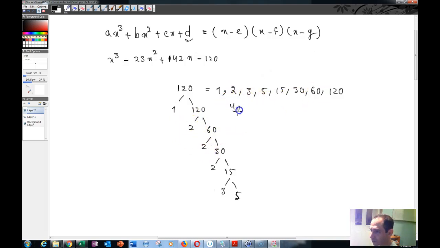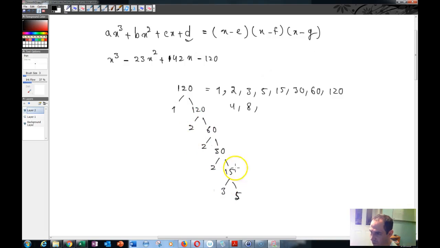So 4 is another factor. Or 2 times 2 times 2 is equal to 8. So 8 is another factor. And moreover, you can get to the next prime factor that you have, and multiply it by all the possible different ways that you can multiply your 3 by these 2's.